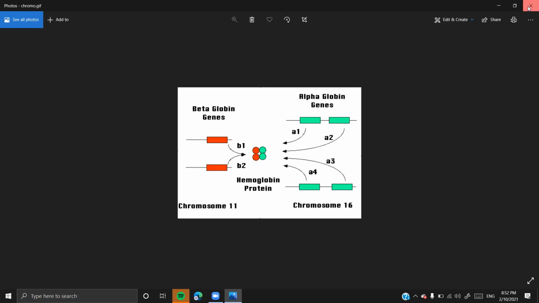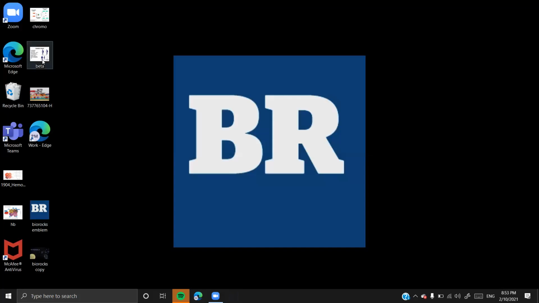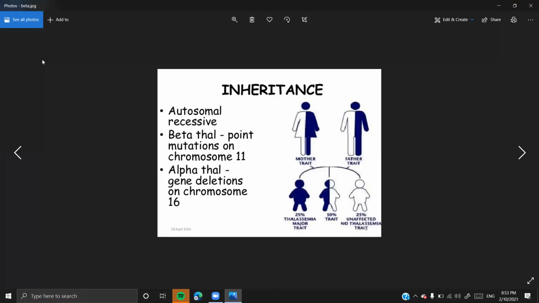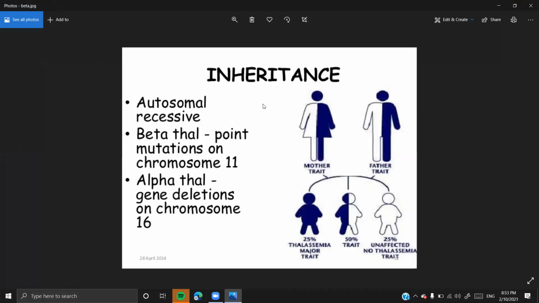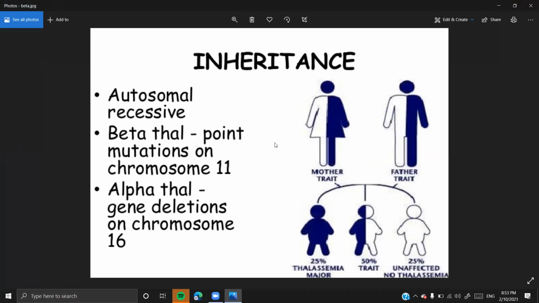And next, let me show you, as I told you, autosomal recessive disorders, where a person becomes diseased only when both the chromosomes have a defect. In beta thalassemia, the point mutations are on chromosome 11, but in alpha thalassemia there is no point mutation, there is gene deletion.